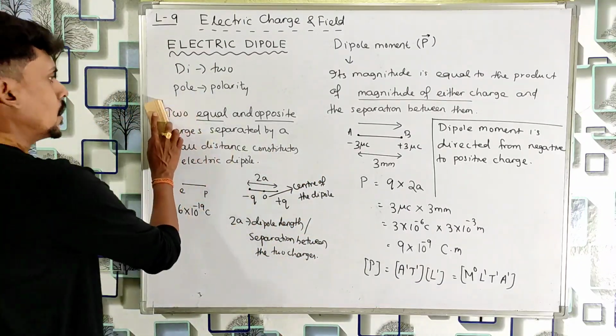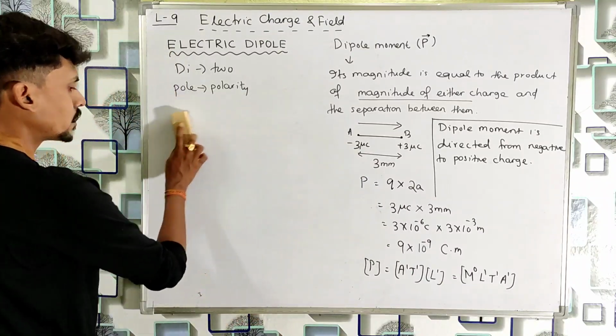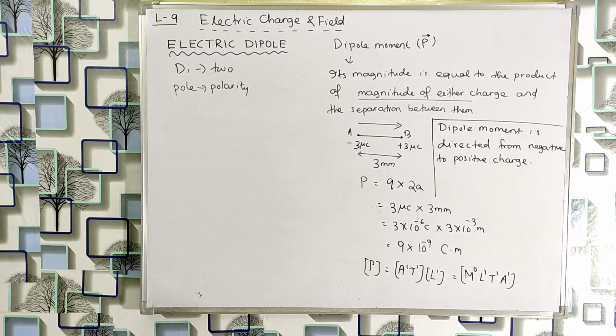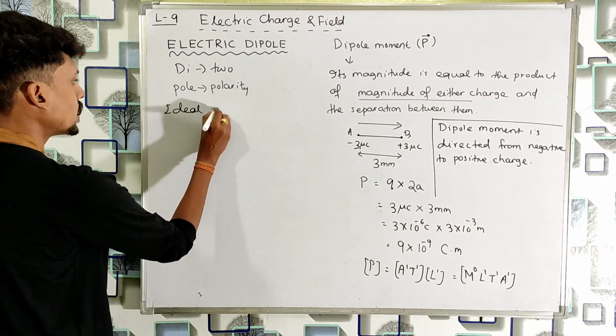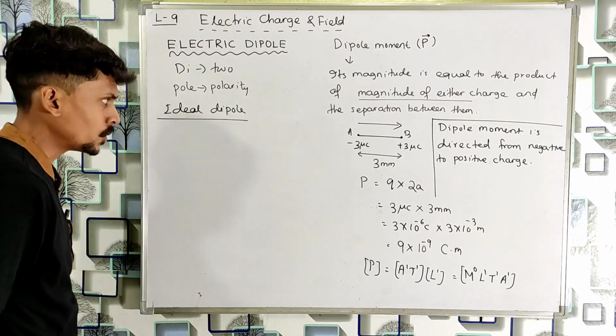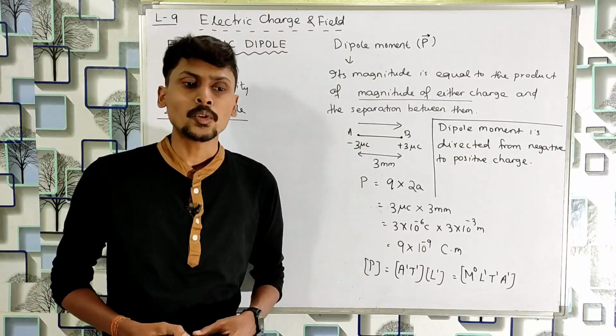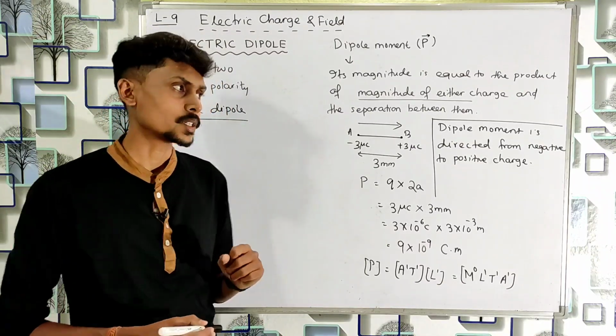Now we will come across a term known as ideal dipole. So what is the meaning of ideal dipole? We know that in a dipole we have two charges and there must be some distance between the two charges.